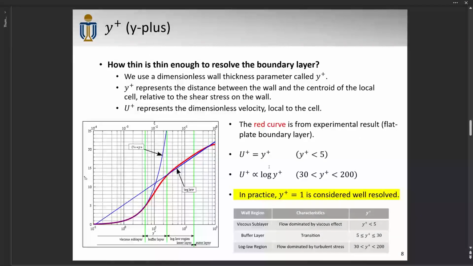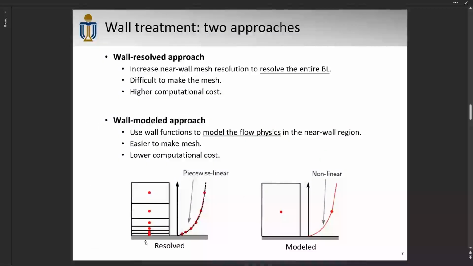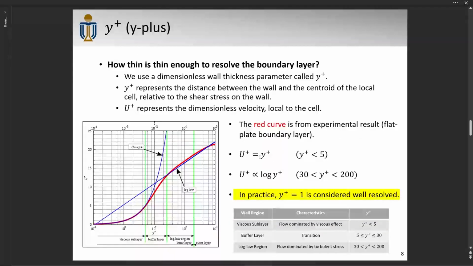And we find a relationship that when y plus is smaller than 5, so when you have a relatively thin first layer height, the u plus actually has a very linear, one-to-one value to the actual y plus. So that would be in this region here called the viscous sublayer.